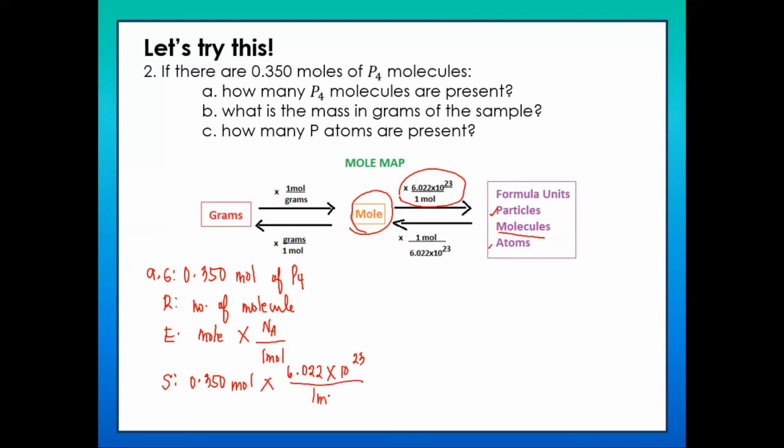Okay, so for our solution, substitute lang 0.350 mole multiply to 6.022 times 10 raised to 23 over 1 mole. Cancel similar units. So using your calculator, this is how you will compute for this problem.